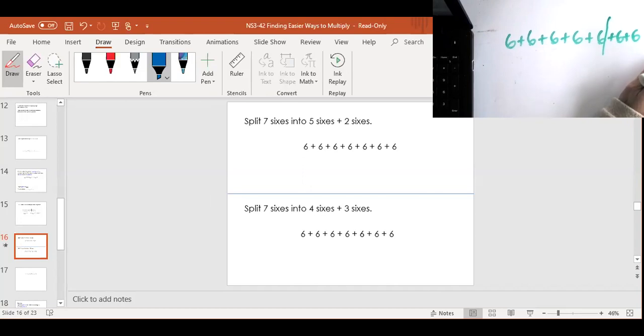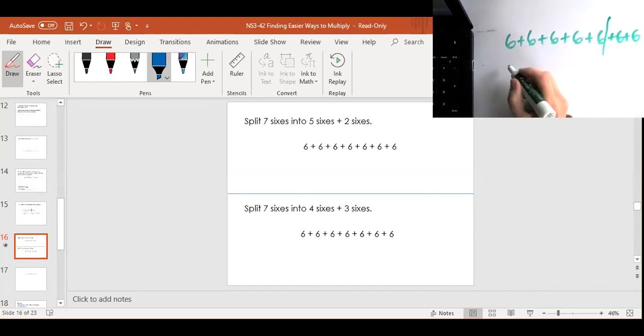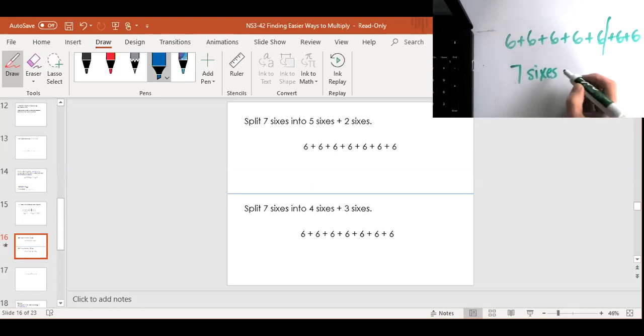Okay. And they could write it like this. This here is 7 6s. So 7 6s is the same as 5 6s and 2 6s.